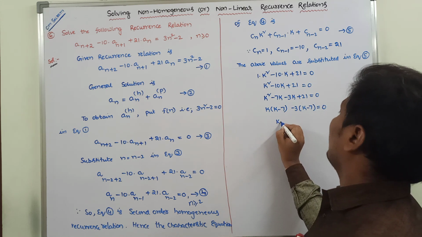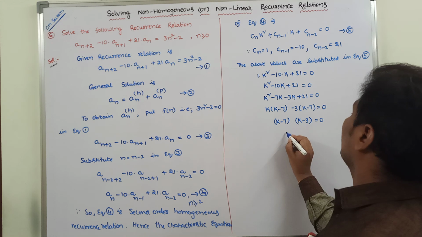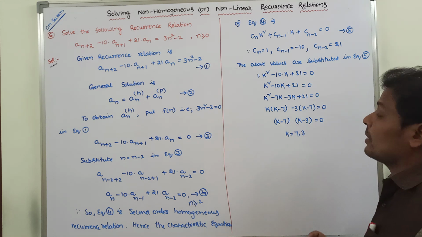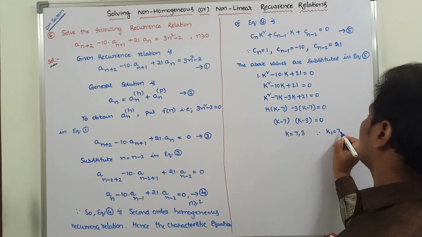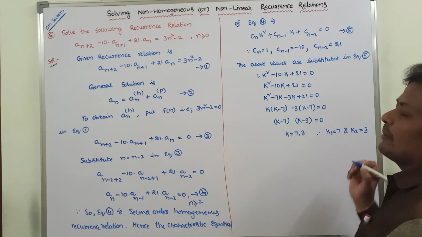So that is k minus 7 and k minus 3 is equal to 0. So then k is equal to 7 comma 3. Okay. So here therefore k1 is equal to 7 and k2 is equal to 3.